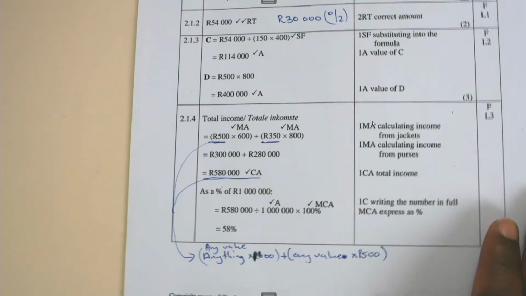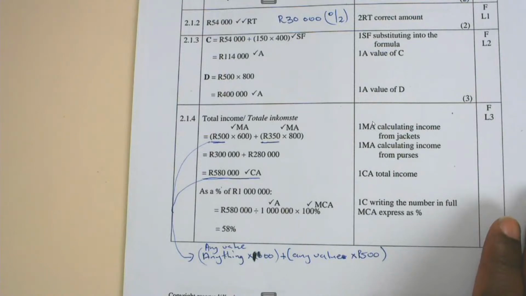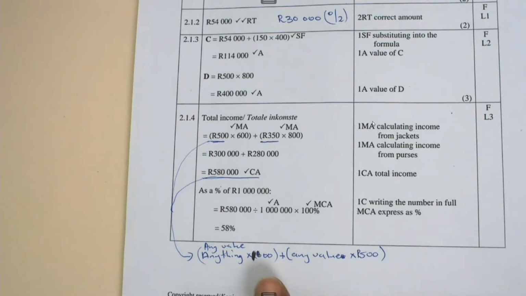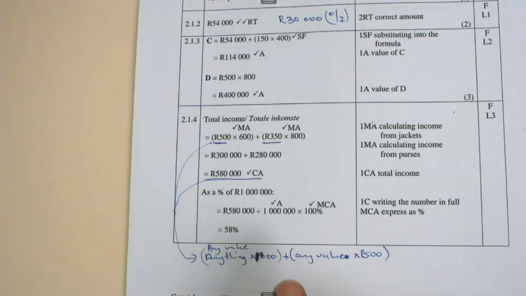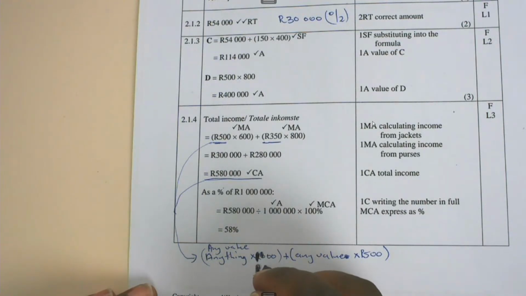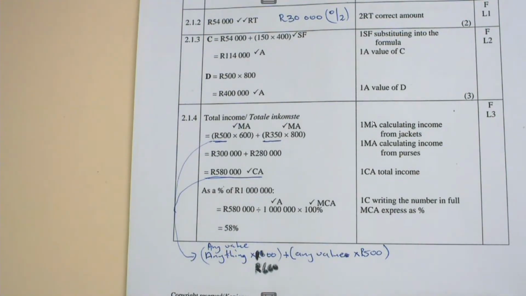Colleagues, I want to get this correct. Sorry for that. Any value multiplied by 600, and any value multiplied by 500. Let's correct it.